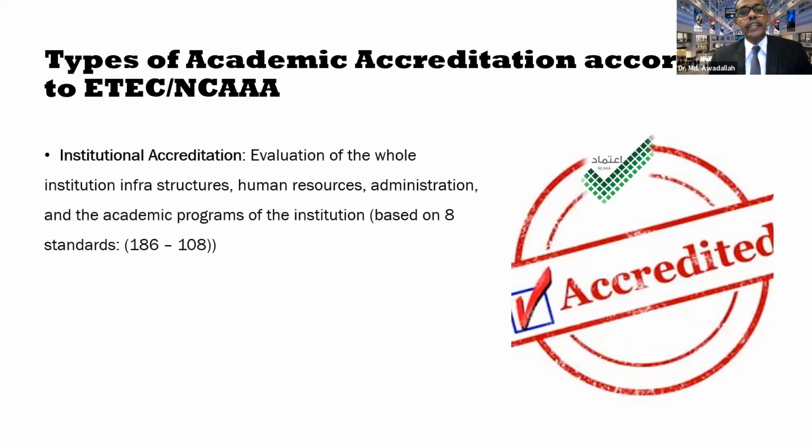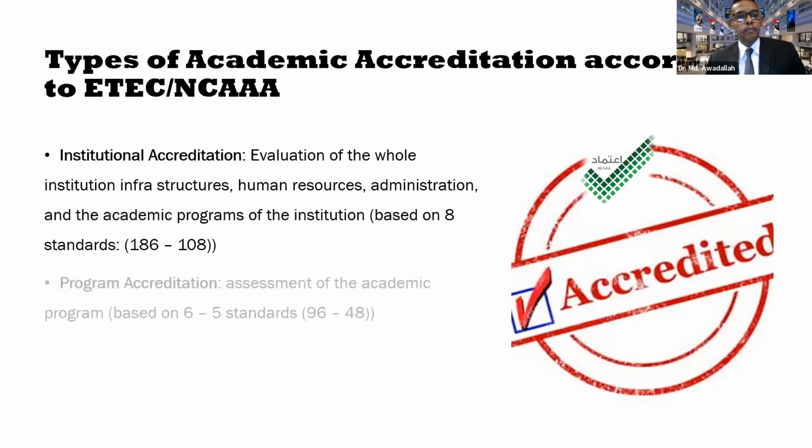First, institutional accreditation, in which they evaluate the whole institution: infrastructure, human resources, administration, and the academic programs of the institution, based on 8 standards and 186 criteria, and they are going to reduce it to 108 criteria.